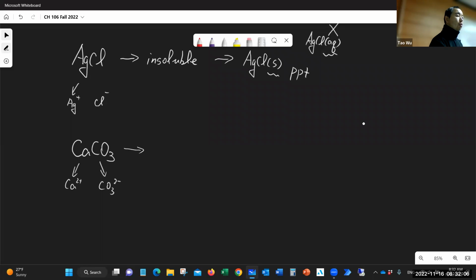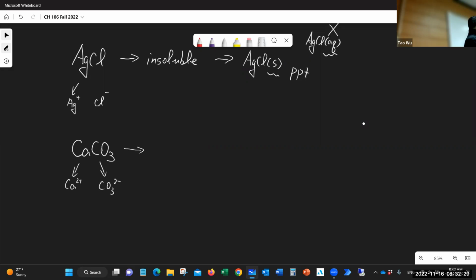Where is the carbonate category? Carbonate is not on the first page, it's on the second page, in the middle, where we have sulfate and carbonate.